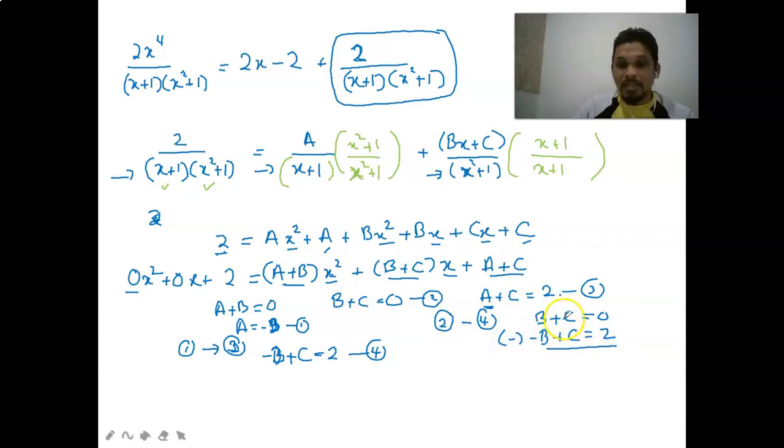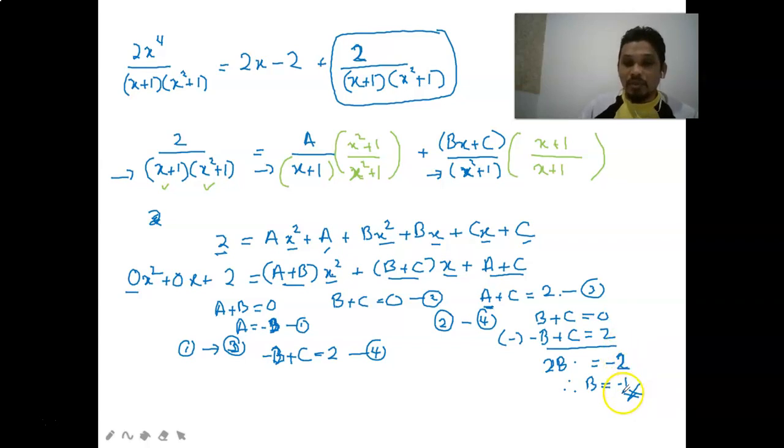C minus c equal to 0. 0 minus 2, negative 2. And negative times negative become positive, so b plus b equal to negative 2, so then b equal to negative 1.